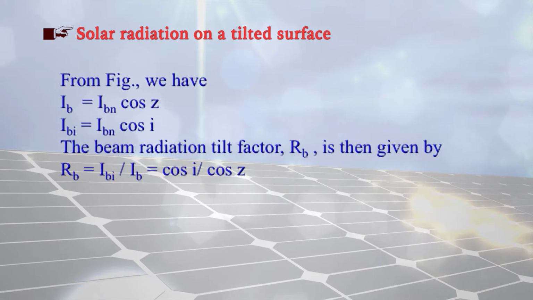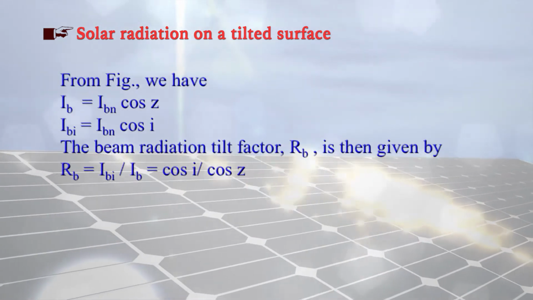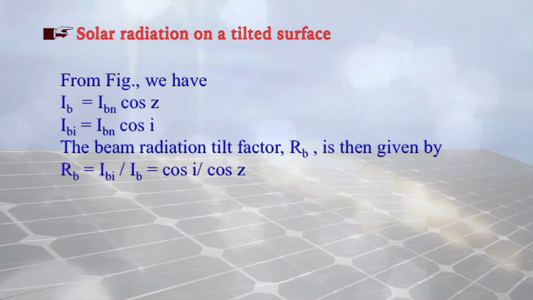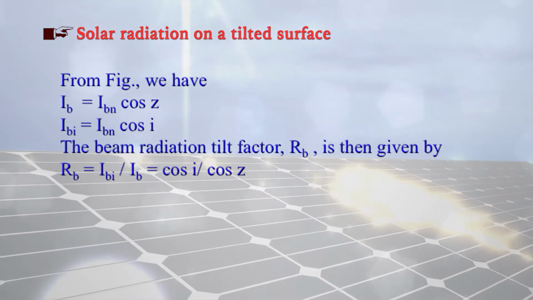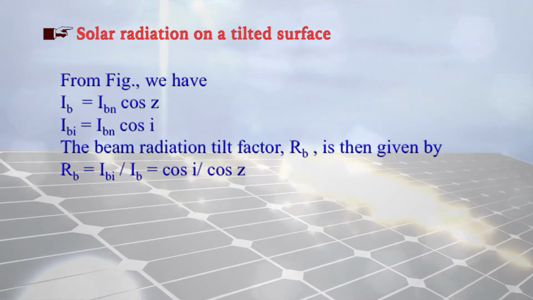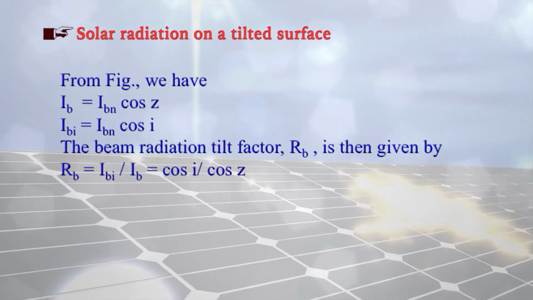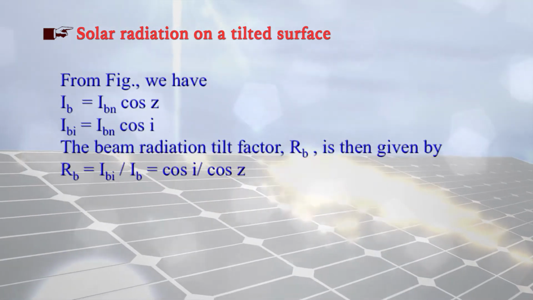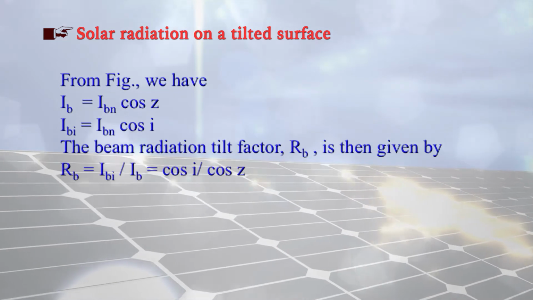So from the figure we can write I_B is equal to I_Bn cos Z, and I_BT is equal to I_Bn cos I. Here Z is an angle, and I is also an angle. The beam radiation tilt factor R_B is then given by R_B equals I_BT upon I_B.